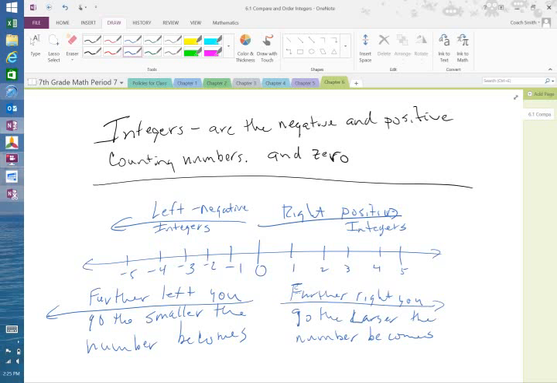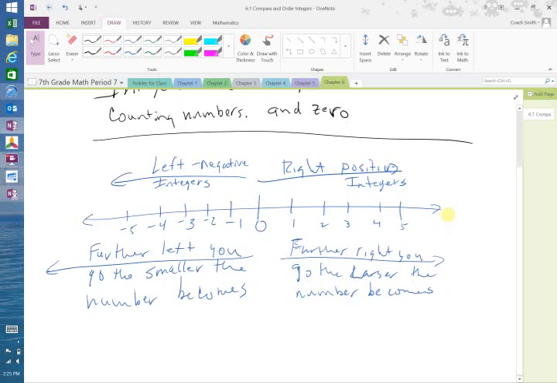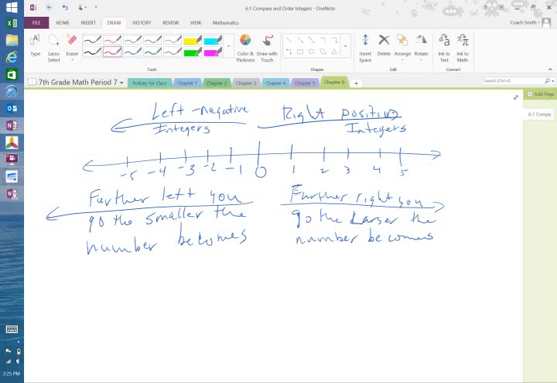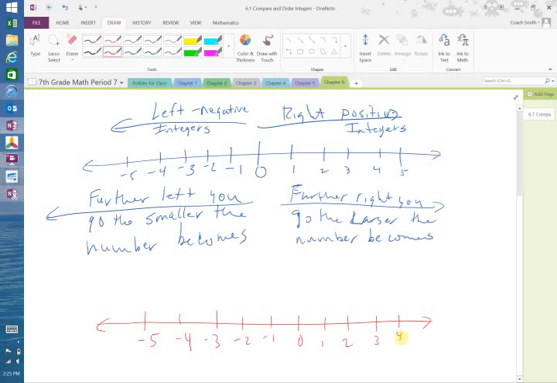All right. If we're looking at numbers, we think of a number line, and let's say we have these numbers. If we look at 0 and 3, obviously 0 would be less than 3.